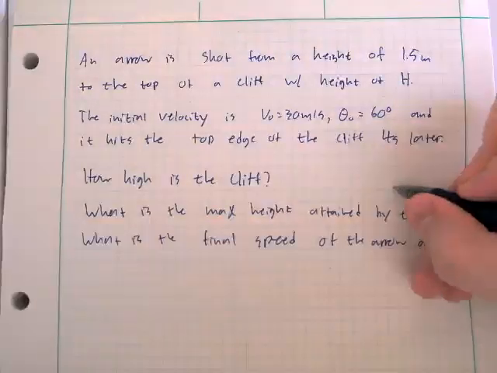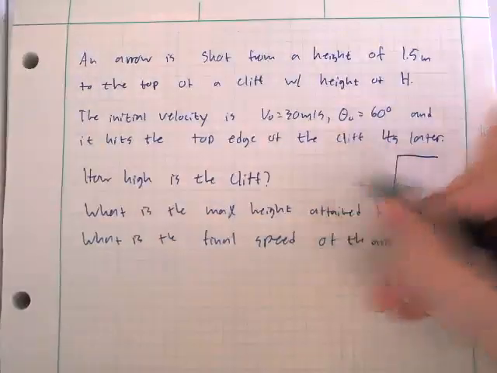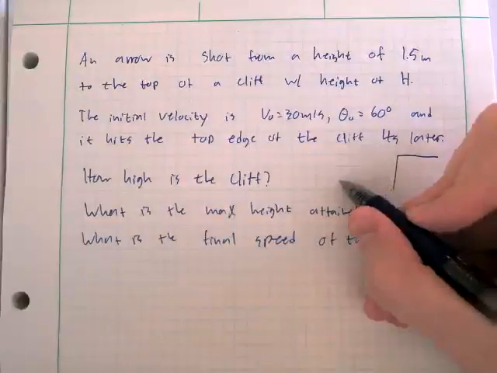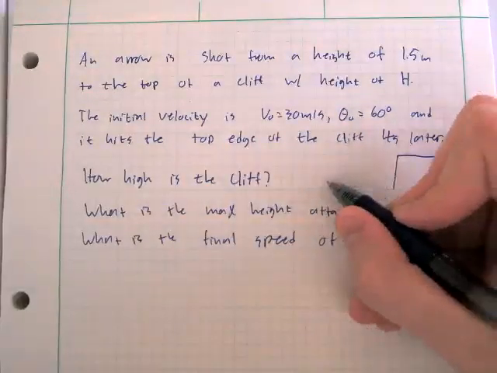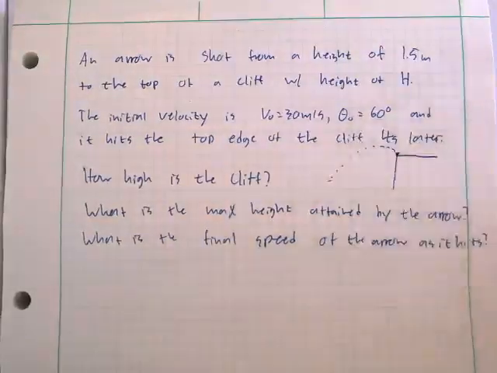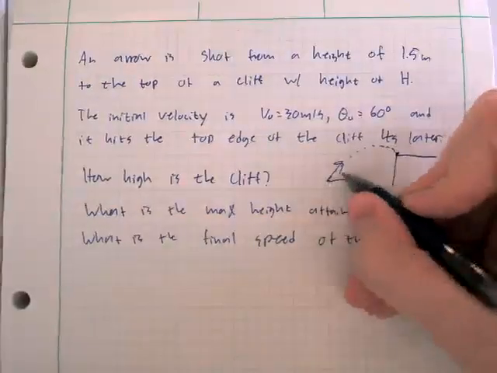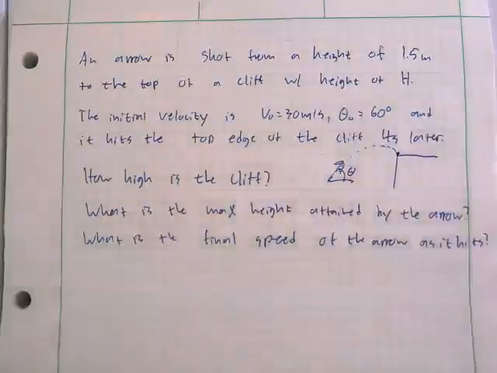So now we have something that looks like this. We're launching our arrow from about 1.5 meters up. It's going to come up and hit the top of this cliff here. And so we know everything there is to know about our initial velocity.